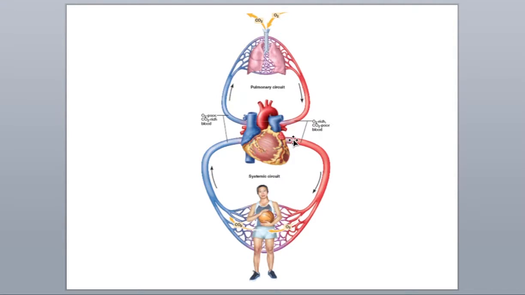And once it leaves the heart, after everything's all said and done, we've oxygenated that blood. It's going to go through, and we're going to use the oxygen. We're going to be making carbon dioxide. And on the other side here, we're going to have deoxygenated blood, or oxygen poor blood.